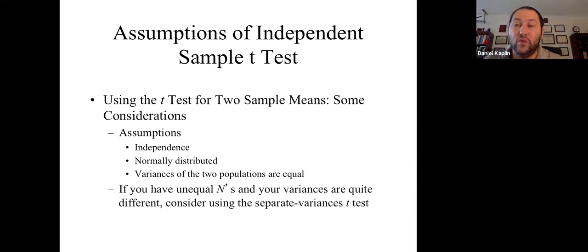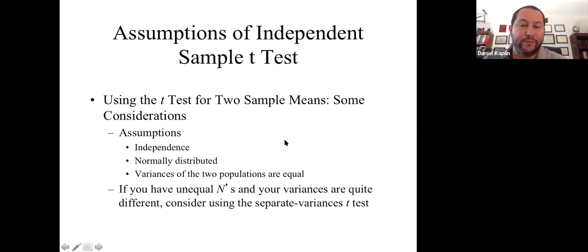When you run an independent samples t-test in SPSS, we can actually test that assumption. There's something called Levene's test. If you fail to meet these criteria, then you run the risk of making false interpretations with your statistics. So these three assumptions should be met.